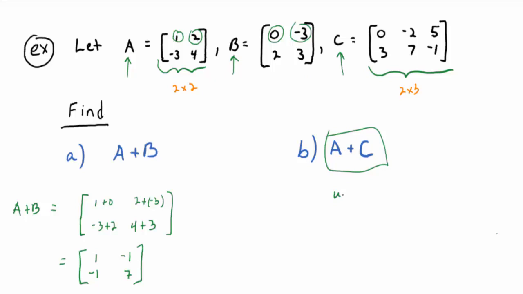But in general, if you're not defining some new funky way to add it, we'll say that this addition is undefined since the orders or dimensions are different. Can't do it. Not too bad yet, right?